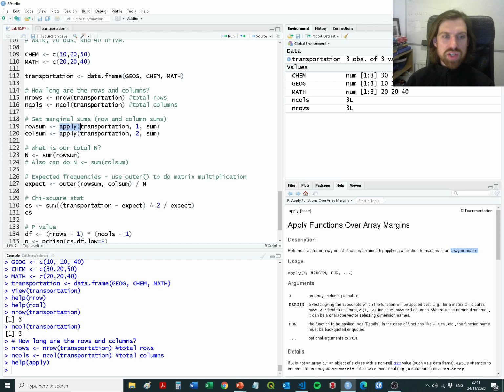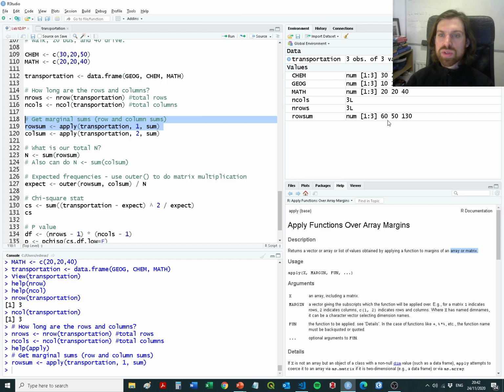When we place transportation, the data frame, into the apply function and say that we want to run it for 1, which is the dimension, it's summing all the way across the rows. So for the first row, the sum across the row is 60. For the second row, the sum across the row is 50, and so on.